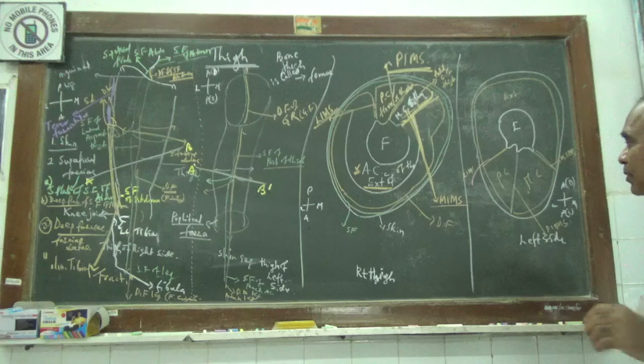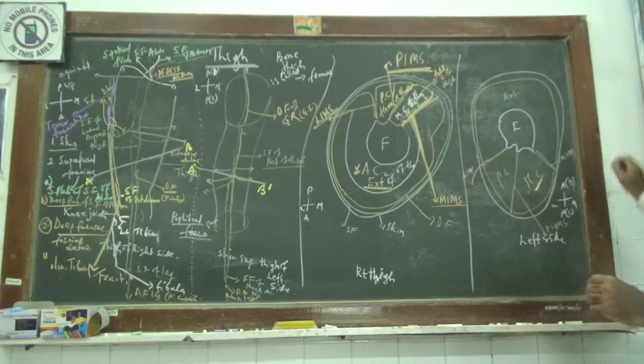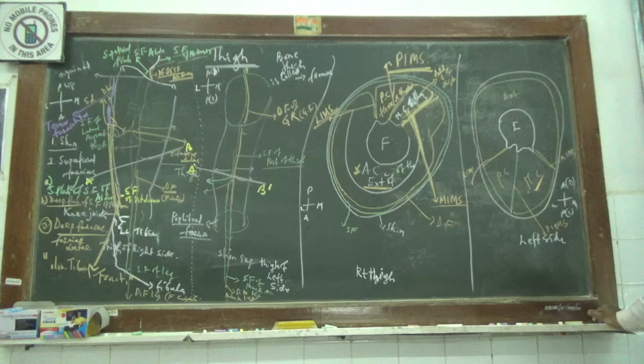In general. But coming to the muscles present in the medial compartment of the thigh, they adduct, or they rotate medially the knee, and they adduct the thigh, drawing the thigh towards the medial side.